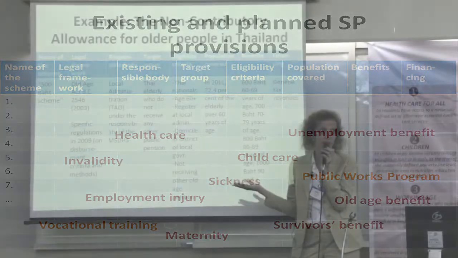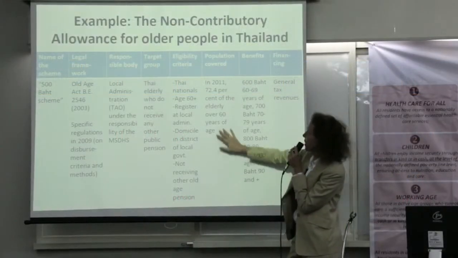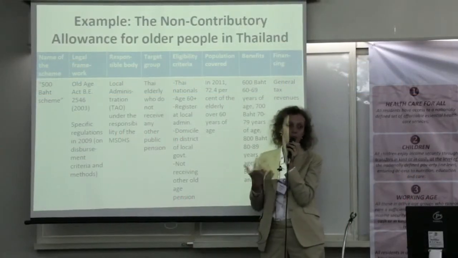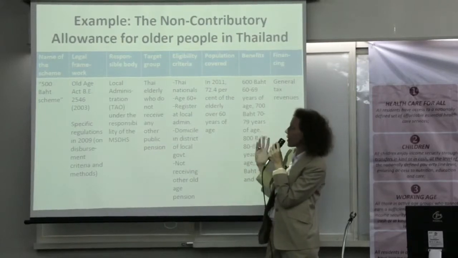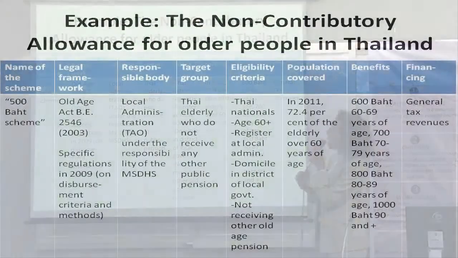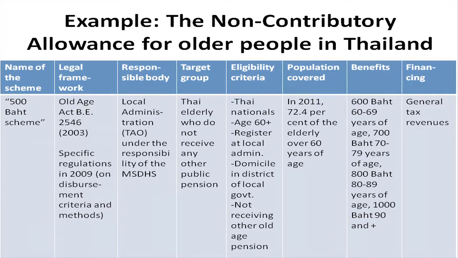And here in the case of this scheme, we know already that more than 70% of the target group, of the elderly in Thailand, are covered. And the benefits, before, it was easy, it was 500 baht per month, but now they have changed the level of benefits.